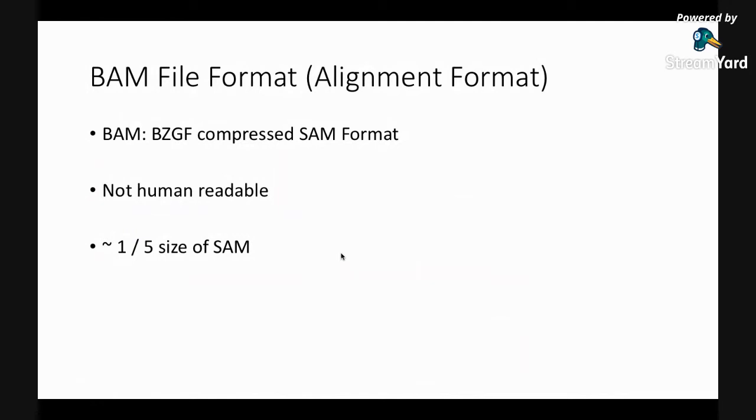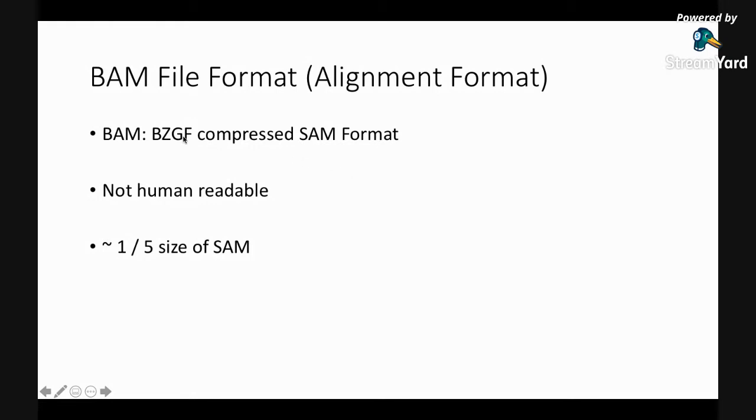But a better way to save this alignment data is in BAM files. BAM files are essentially compressed SAM files, just like gzip is a compressed FASTQ file, right? Similarly, it's a compression algorithm for the SAM file format.